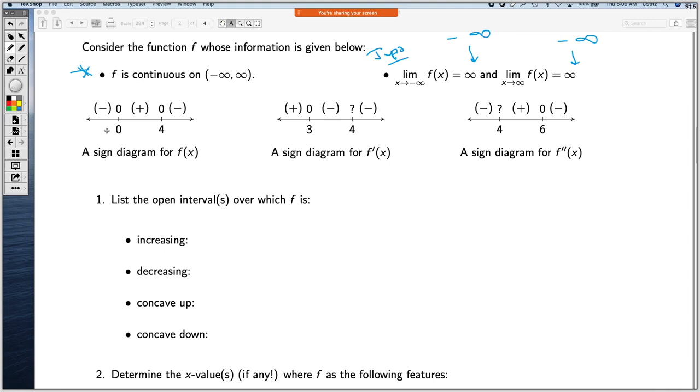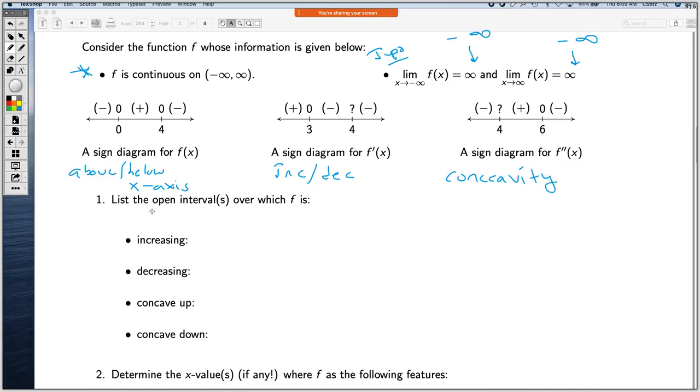If it's negative, it's below the x-axis. So this tells us where the function is above or below the x-axis. The first derivative tells us about increasing and decreasing. The second derivative tells us about concave up or concave down. All right?